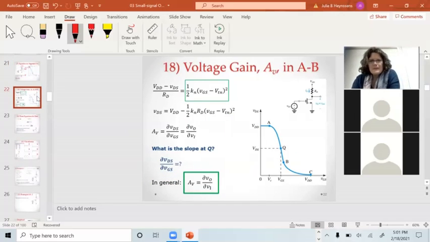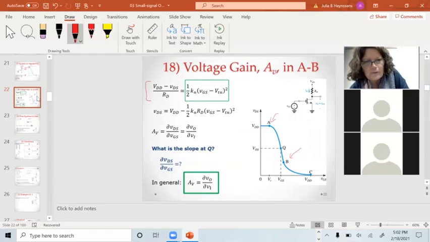Okay. We go into the region between A and B. The transistor is in saturation at that point. We still know the current through the resistor has to equal the current through the transistor. So I write the KCL equation.